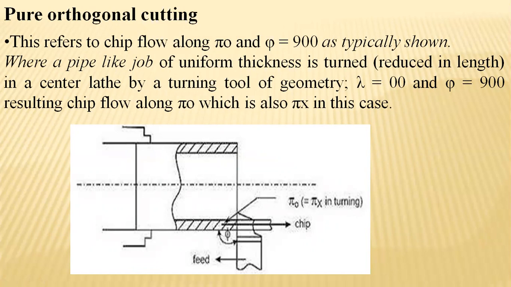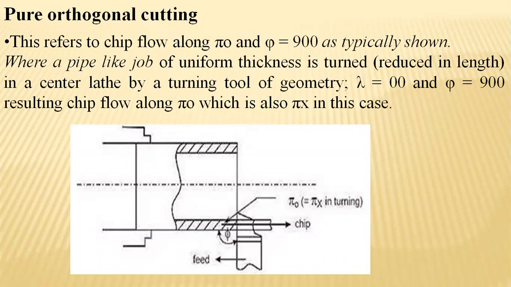reduced in its length. For example, for a particular range of length, the diameter has to be reduced for this pipe, and these hashed conditions are nothing but the removal of material in the form of small chips by utilizing the turning process on the lathe machine, the central lathe machine.